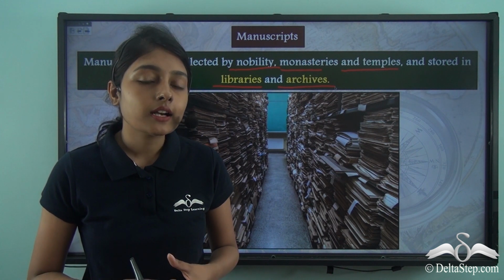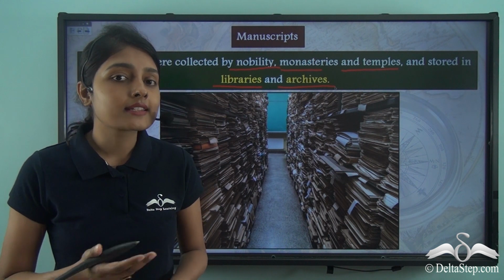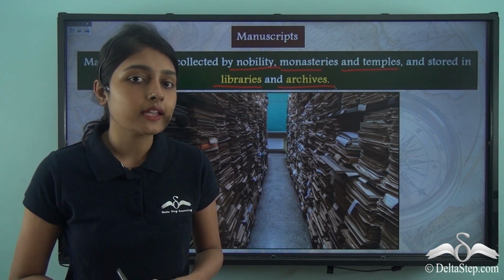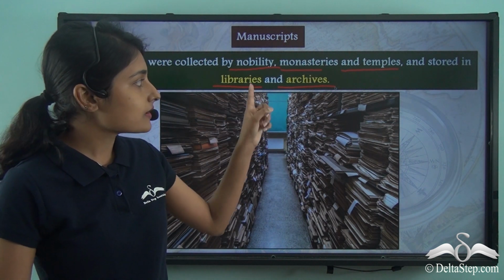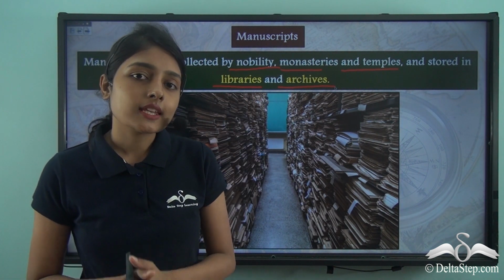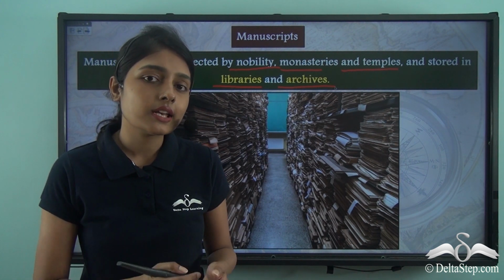All these together contribute to the process of creating history. And these manuscripts were stored by the royalty, nobility and other wealthy people in the libraries and archives. So this is a source of information that the historians rely upon.